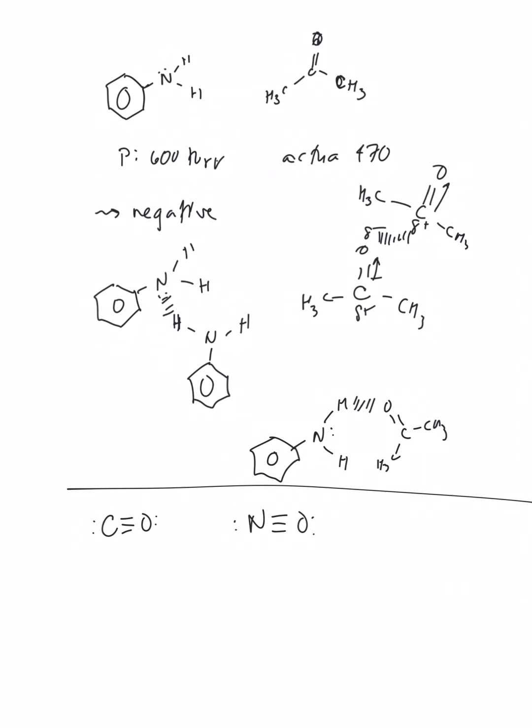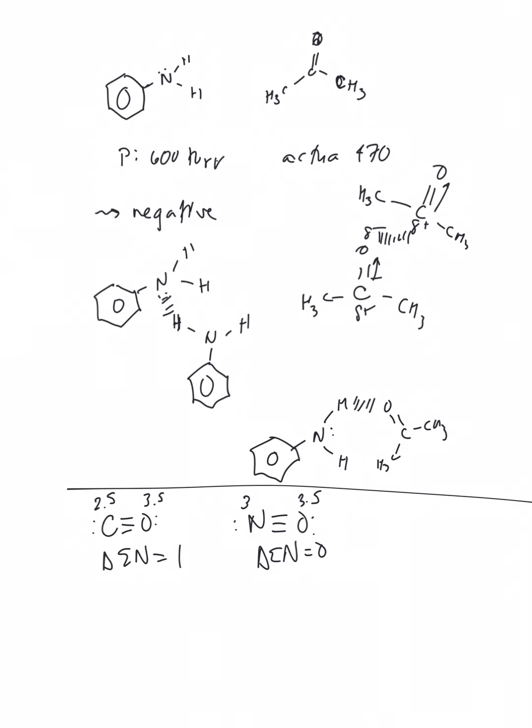If we look at electronegativity, polarity comes from the electronegativity difference between two atoms. Carbon has a Pauling electronegativity of 2.5, oxygen's is 3.5, and nitrogen's is 3. So the change in electronegativity, or delta EN, here is 1, and the delta EN here is 0.5.